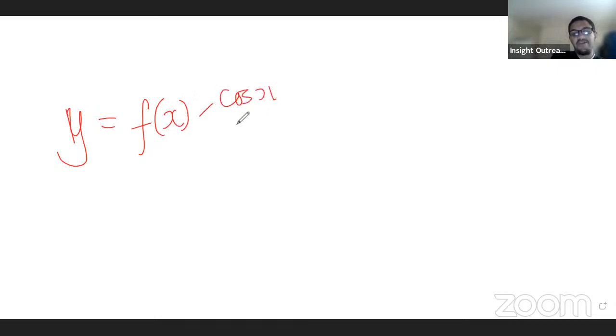Okay, so enveloping is a technique when you're sketching graphs where, let's say I have a function y, and let's say it's a function of x times maybe cosine of x or sine of x.